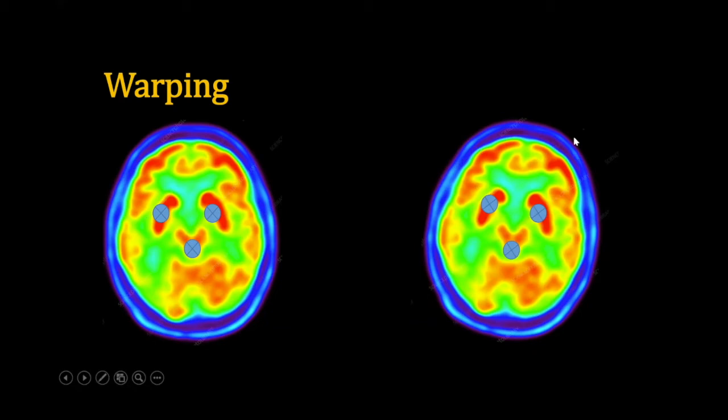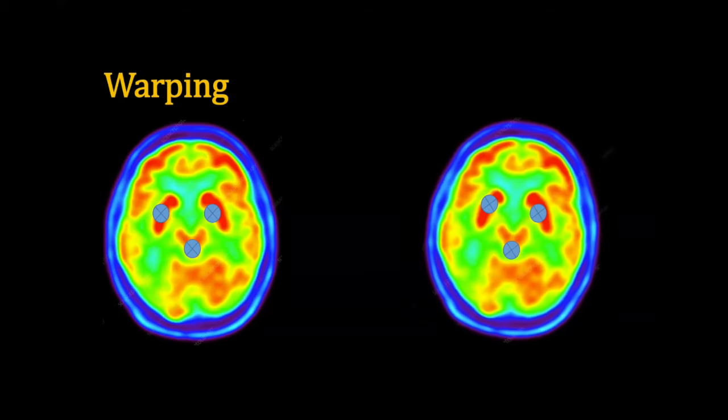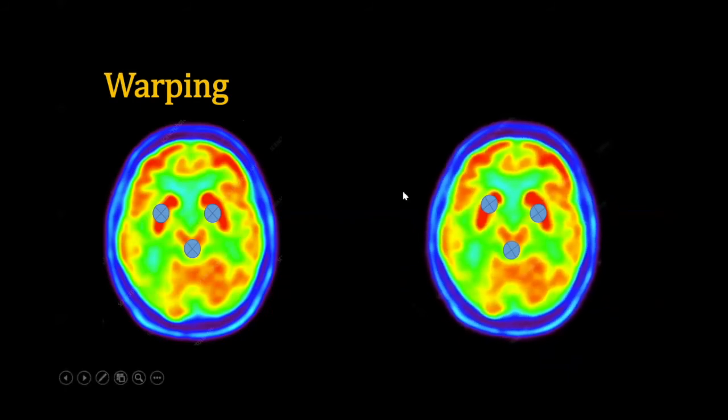And once you figure that out, you use that transformation to make them compatible, and then you can always match and say whether these two images are the same, if the brain is normal or not.